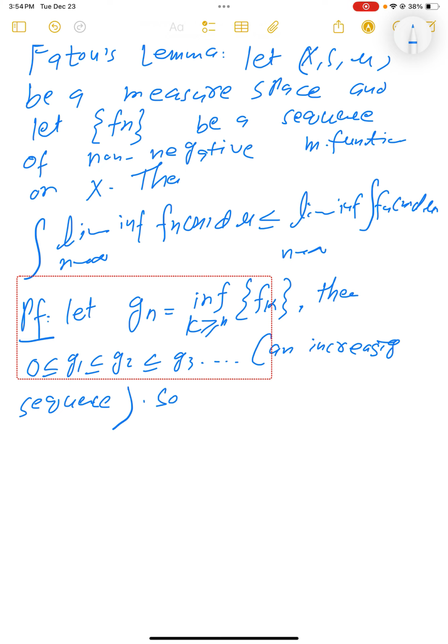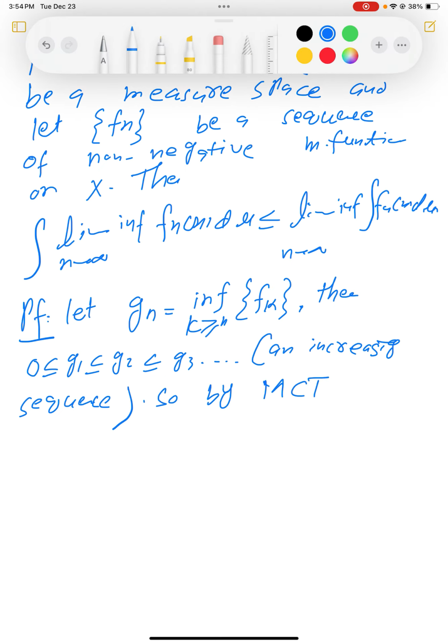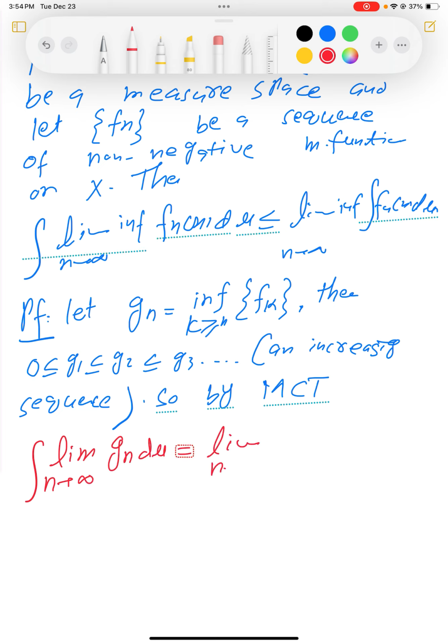Now that we have an increasing sequence, we can just go ahead and use MCT. By MCT, the limit as n approaches infinity of the integral of g_n d mu is the integral of the limit of g_n d mu. But what is the limit of g_n?